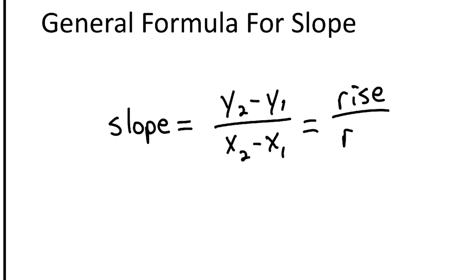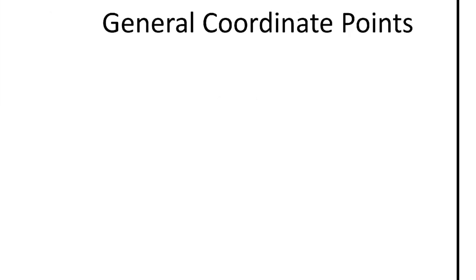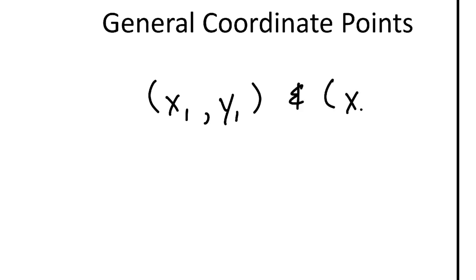It's the difference between the y values of the 2 points divided by the difference between the x values of the 2 points. In this situation, x1 and x2, y1 and y2 refer to the general coordinate points. x1, y1, we could call point 1, and x2, y2, we could call point 2.